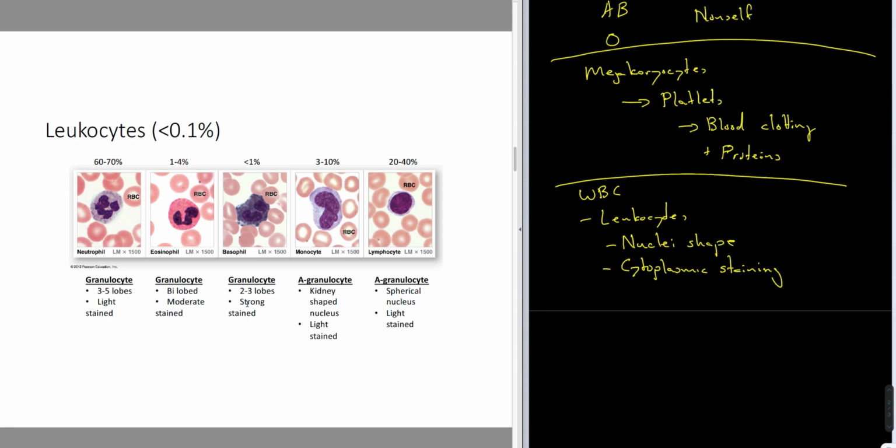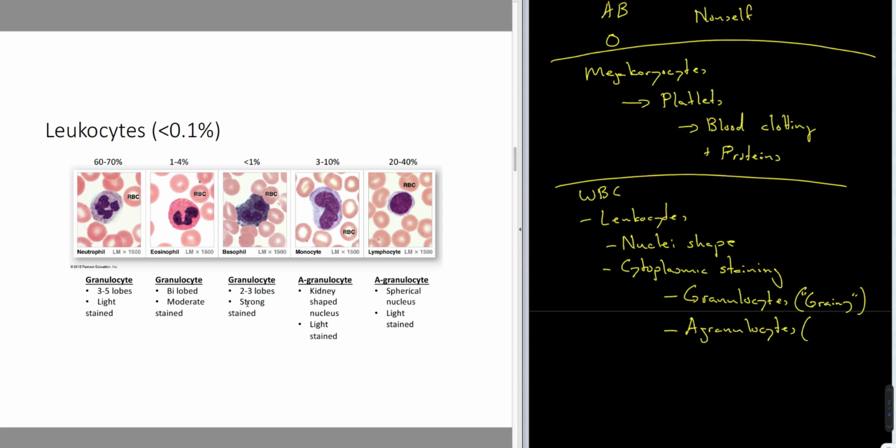We can classify the different leukocytes as a granulocyte or an agranulocyte. So granulocyte means the presence of a "grainy" cytoplasm. And agranulocytes have more of a clear cytoplasm, not as grainy.